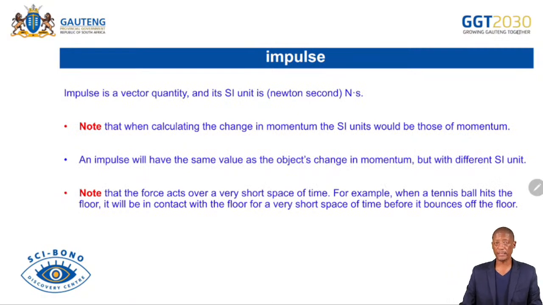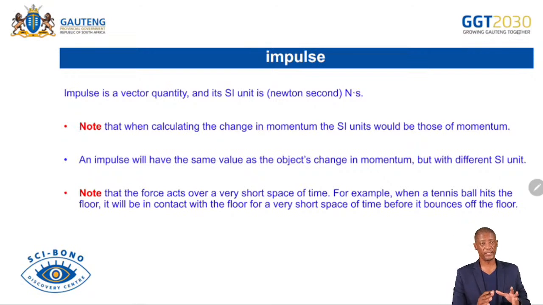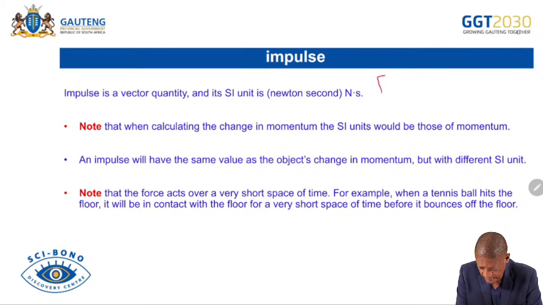What is it that we must know about an impulse? One, impulse is a vector quantity and it has a unit. When it has a unit, it means we are going to do calculations. Now, the SI unit of an impulse is Newton second. In other words, remember, we've got a net force and we've got a change in time.